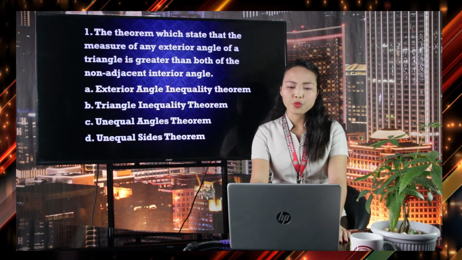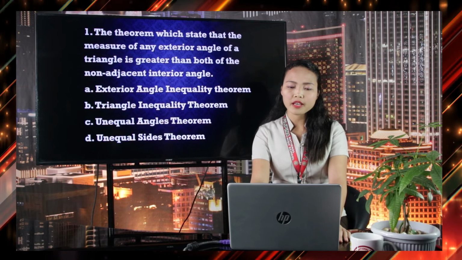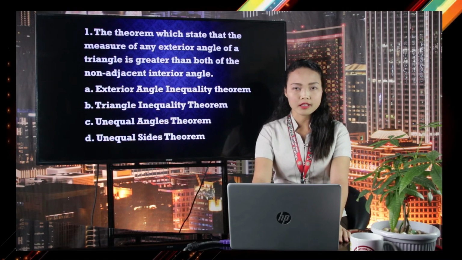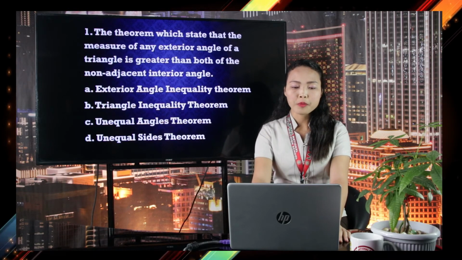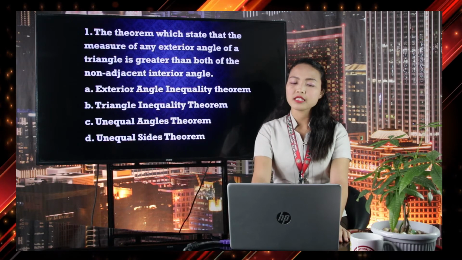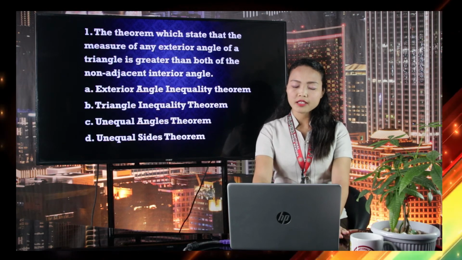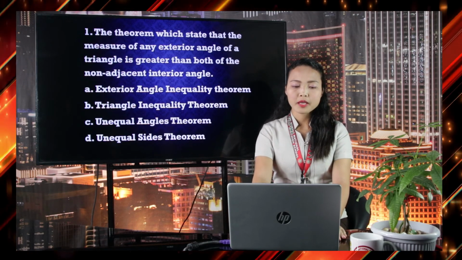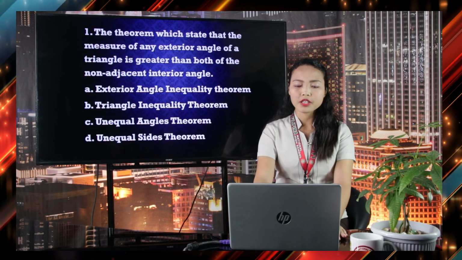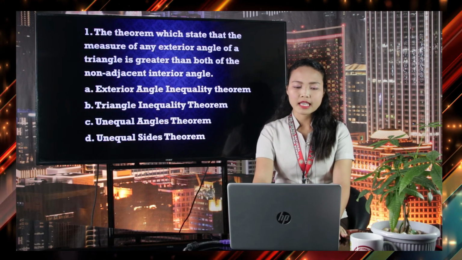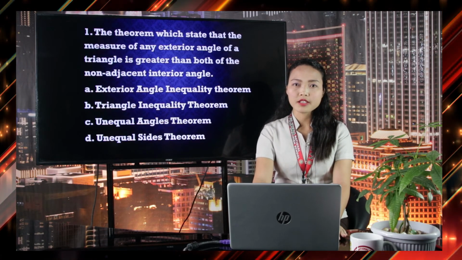The theorem which states that a measure of any exterior angle of a triangle is greater than both of the non-adjacent interior angles. Letter A, exterior angle inequality theorem. B, triangle inequality theorem. C, unequal angles theorem.